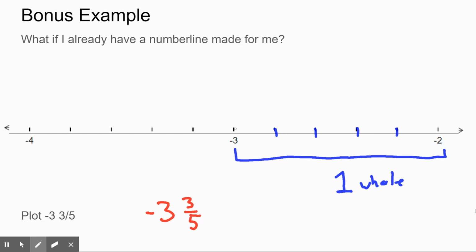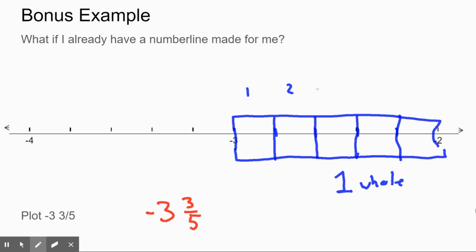And if we turn this entire thing into kind of a box, like so, we can see how many pieces this is broken into, and we can count. There's going to be 1, 2, 3, 4, 5.